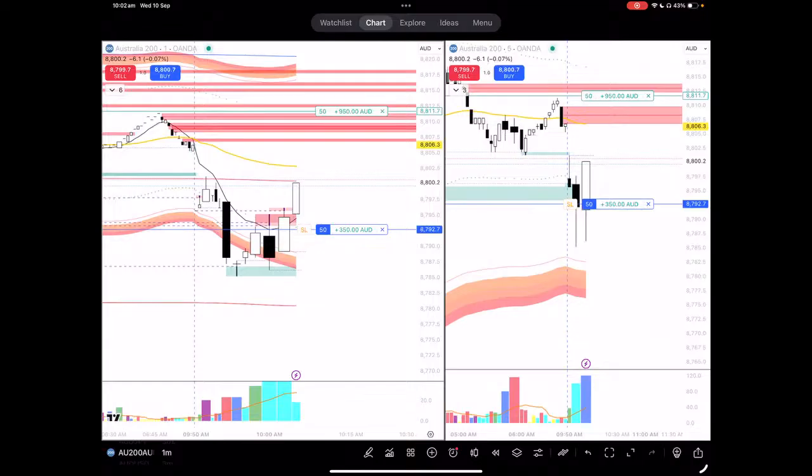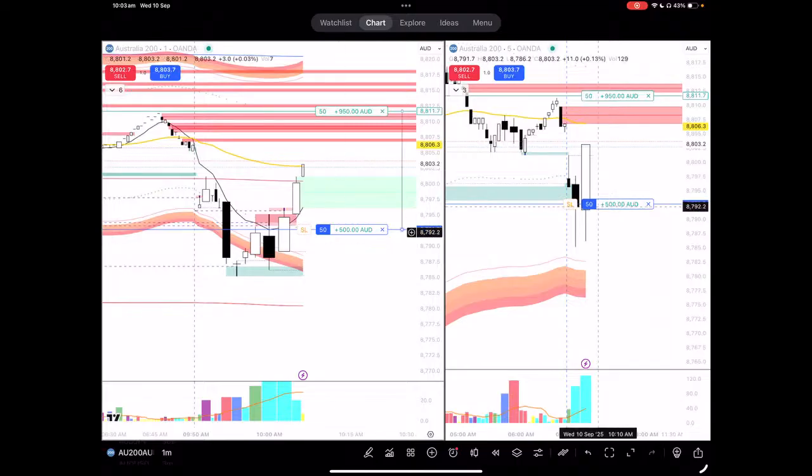I'm monitoring that the volume is coming in, and I would just look up where my target is. So this is one area where my 500 of profit, probably 10 pips around.